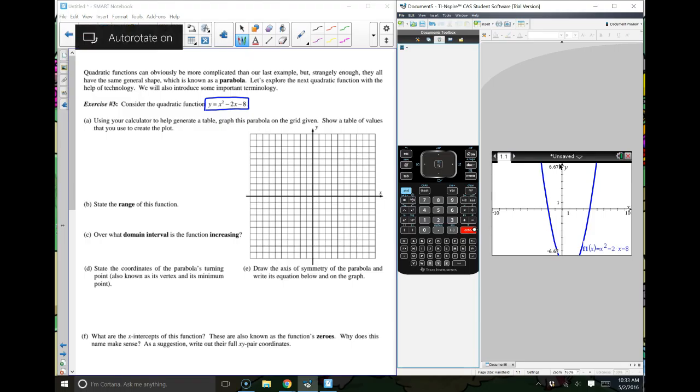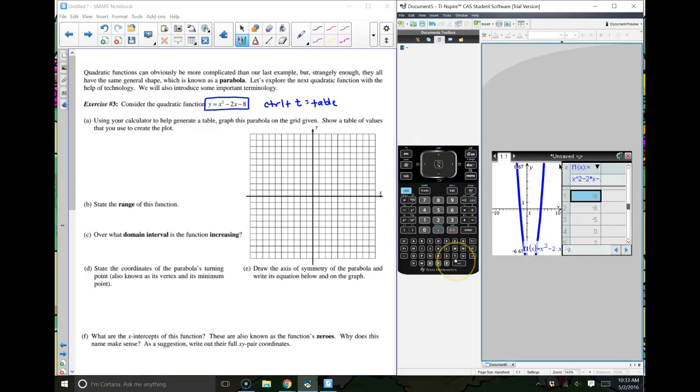Now that doesn't really help me because I need those points. So how do I get the points? Remember, you hit Control plus T to get the table. So I'm going to hit Control T and get my table. So here's my table, and I'm going to draw it onto here so I can see it a little better.